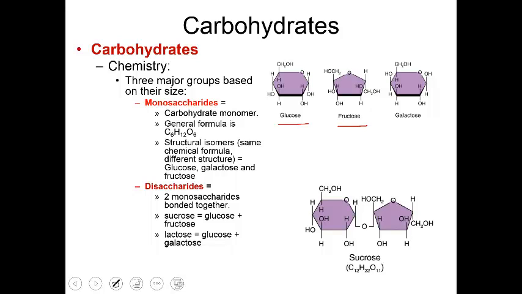Disaccharides are two monosaccharides that combine to form a glycosidic bond right here. So right here in the circle is a glycosidic bond. So when you have a monomer that combines with another monomer, there has to be some molecule that is kicked out in order to make that bond.